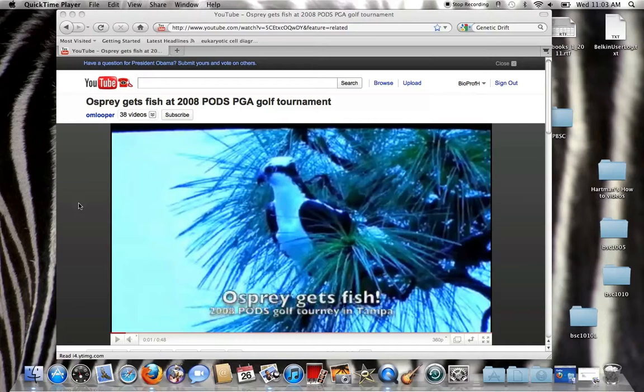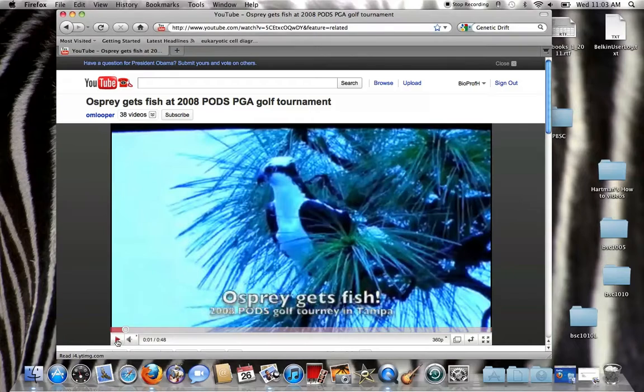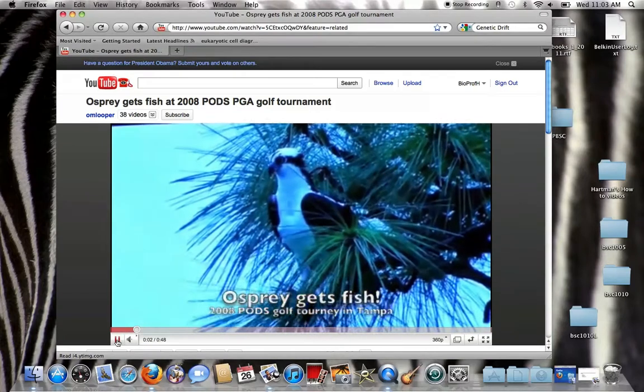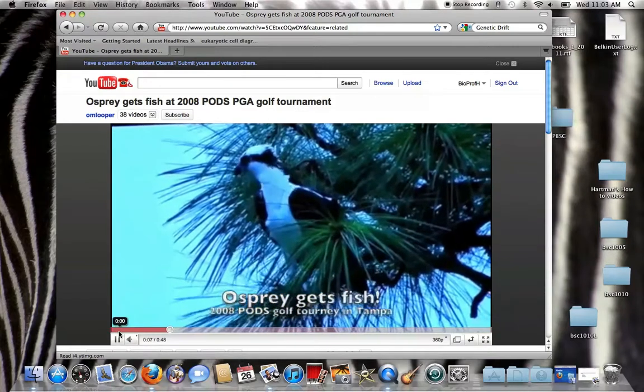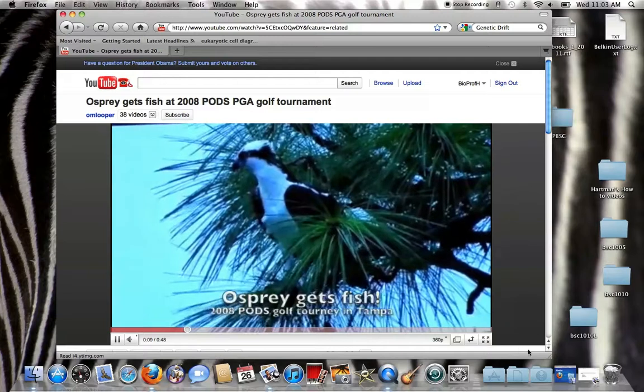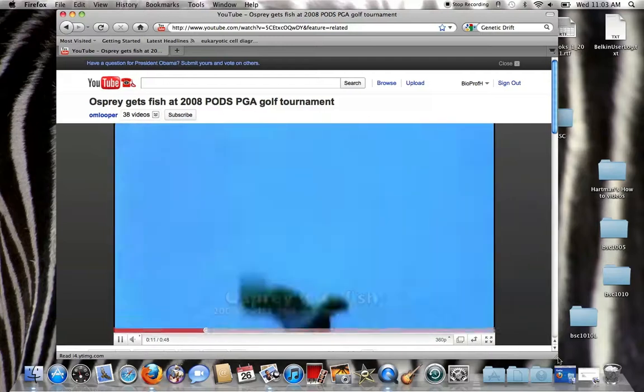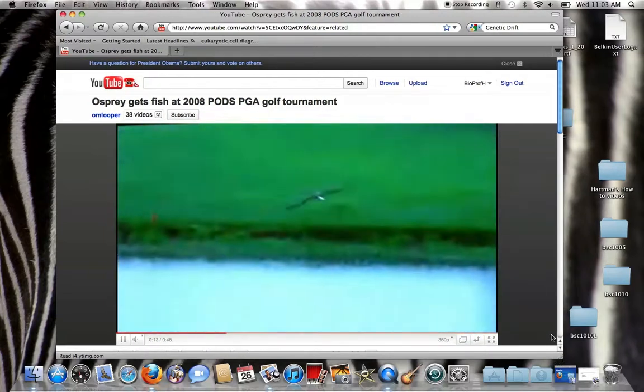An osprey is a bird of prey, and they feed on fish. So hopefully I can run this for you, and you can watch how this bird, this is a pretty large bird. It's about the size of a small eagle. They're very large.